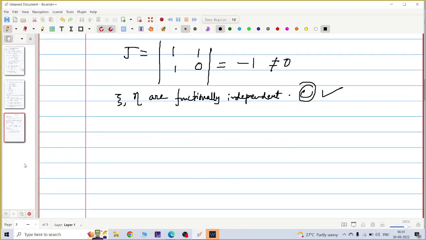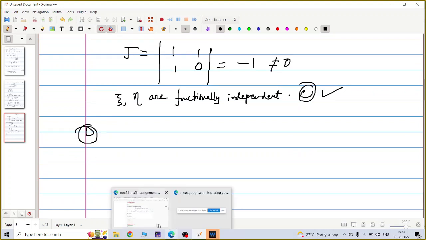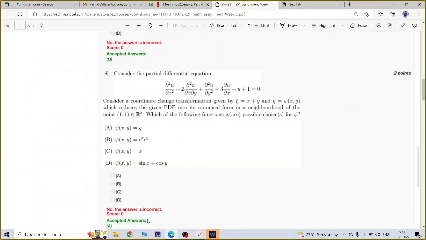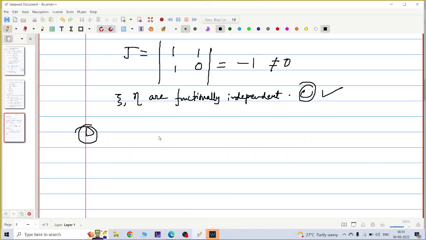Now option D. Option D is that my psi is sin x plus cos y. So now tell me, eta of x is psi equal to sin x plus cos y. So what is my Jacobian?